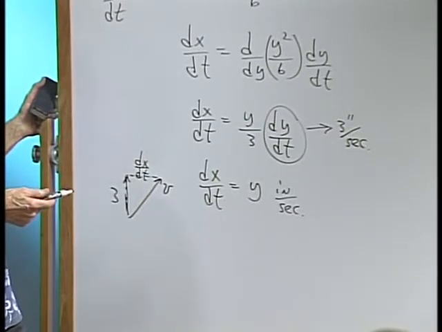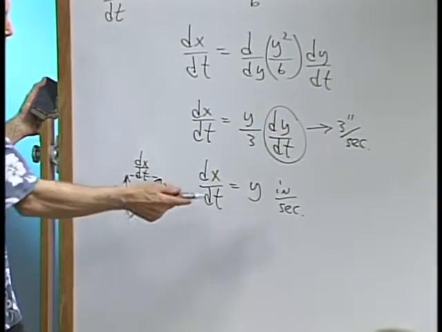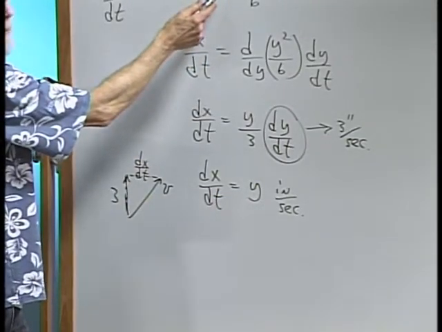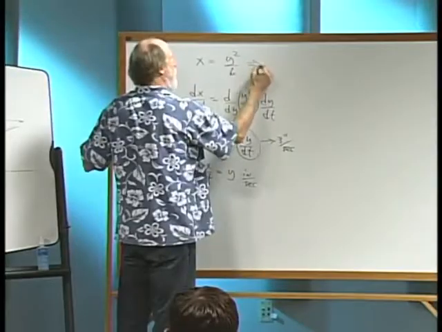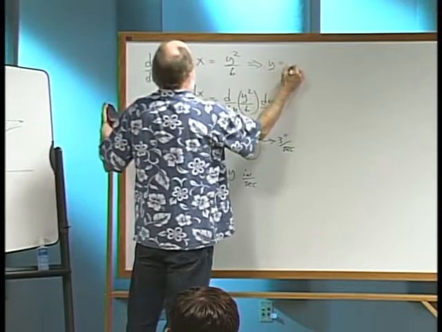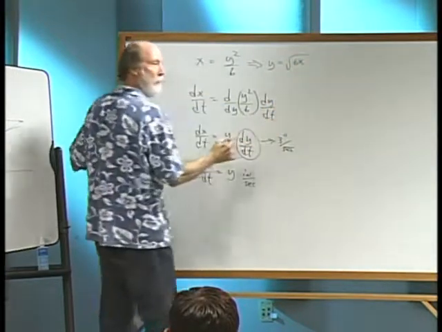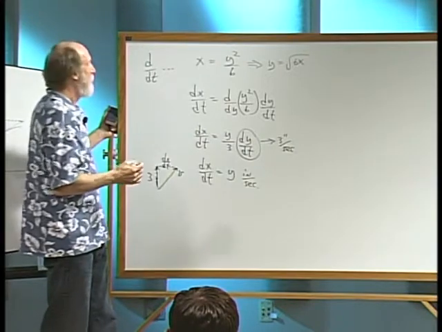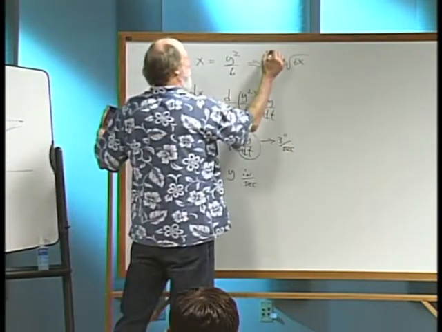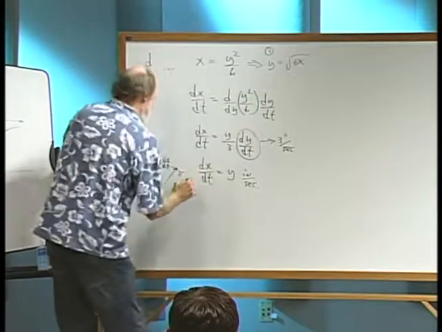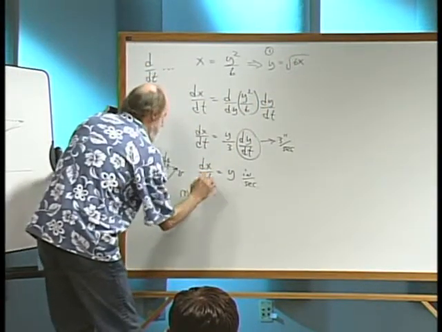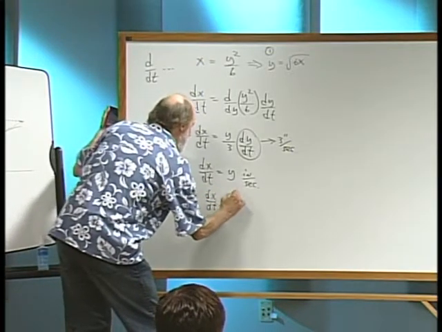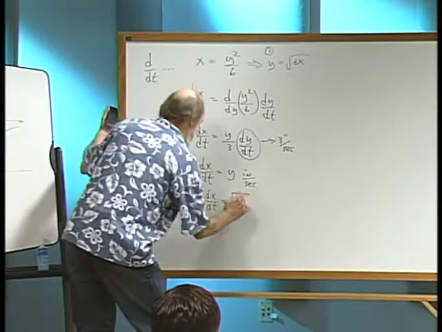Can't you just add? But what is y? We can solve for it. Up here, this implies, doesn't it, that y is equal to the square root of 6x? Y is equal to the square root of 6x. So using that piece of information, let me label that 1. And so if I substitute 1 into this equation, then dx dt is going to be equal to the square root of 6x.